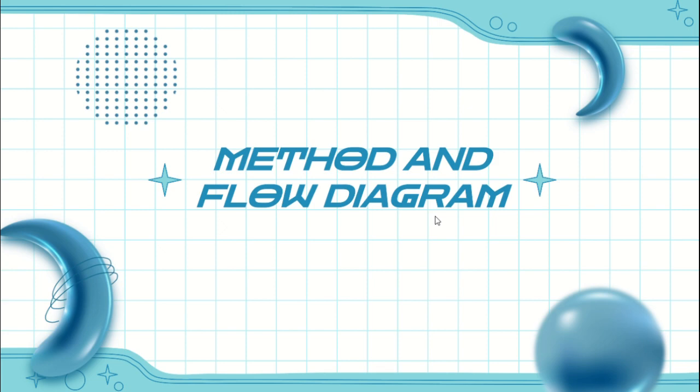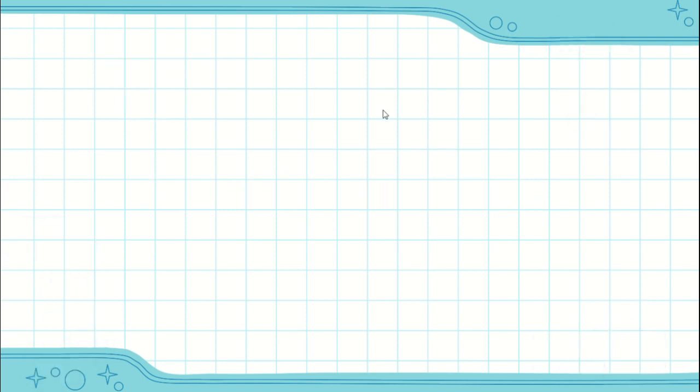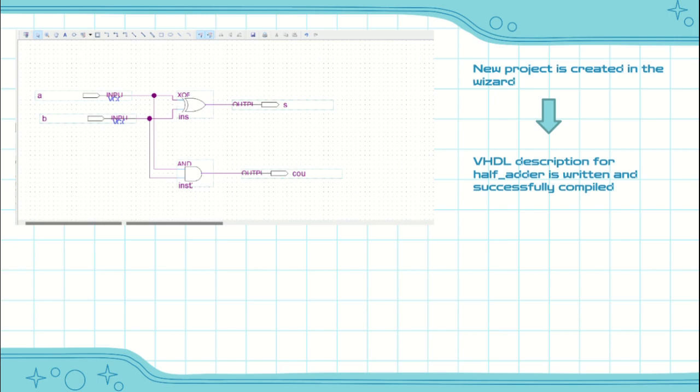Assalamualaikum warahmatullahi wabarakatuh. My name is Muhammad Akmal and now I will present the method and flow diagram. The first task is to create the half adder. For the first step, the software is opened and a new project in the wizard is created. For the half adder, the VHDL description is written and then compiled completely.